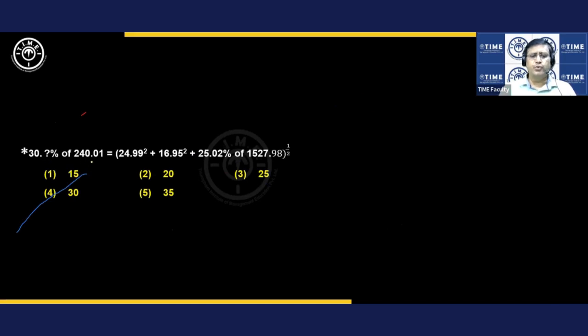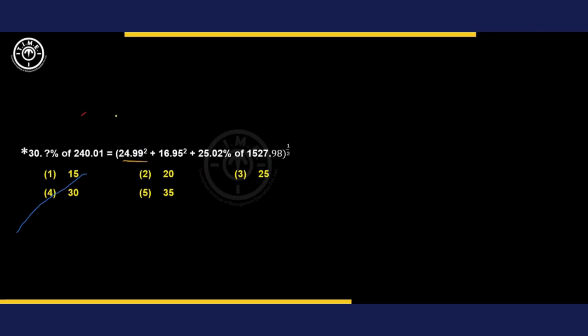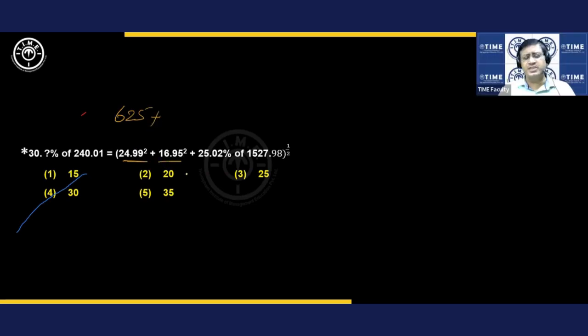Question mark percent of 240 is equal to 25 square, 24.99. The closest value is 25, 25 square, 625. You are right. Yes, 16.95, 17. 17 means 17 square, that is 289. 25% means 1/4 value. 1/4 of this value.